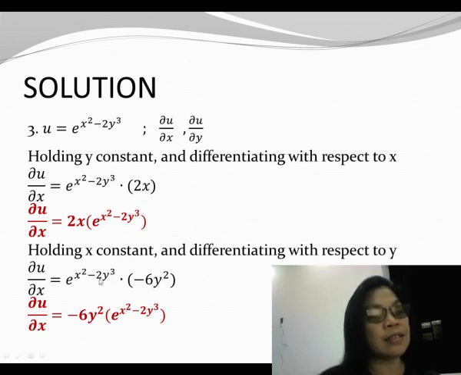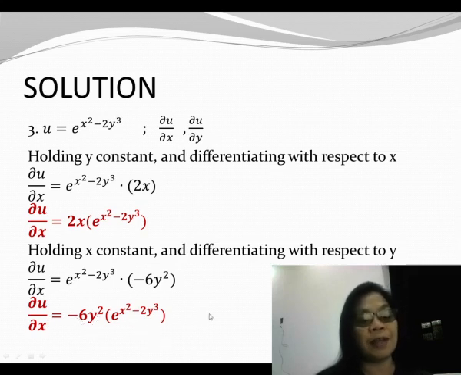We can simply differentiate the negative 2y cubed, which is negative 6y squared. So the partial derivative of u with respect to y is negative 6y squared multiplied by e to the u.